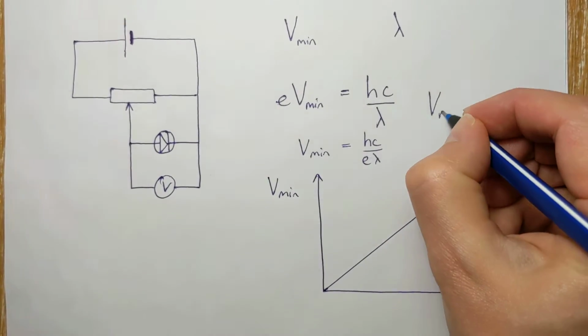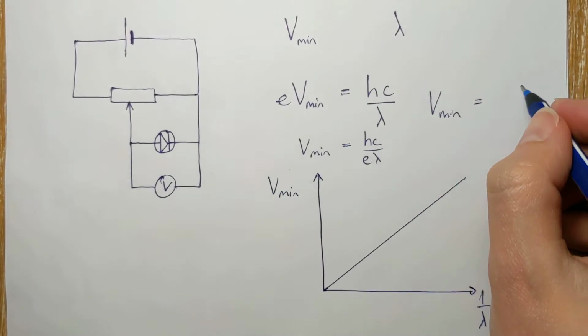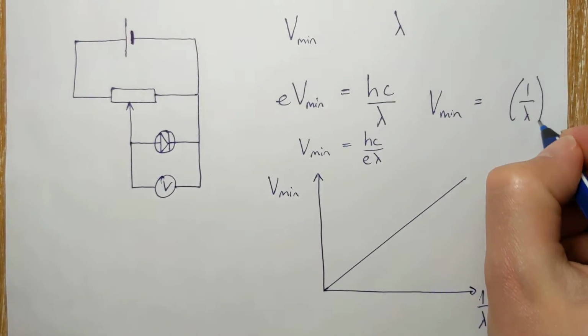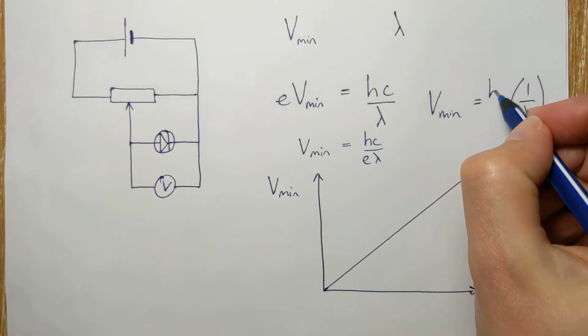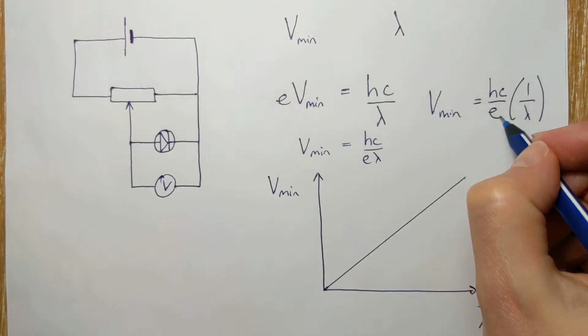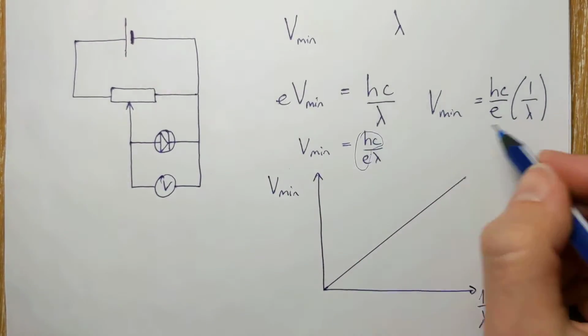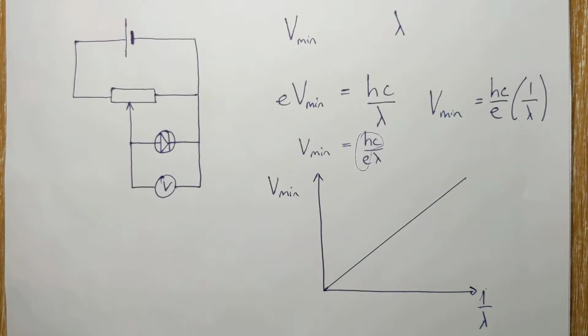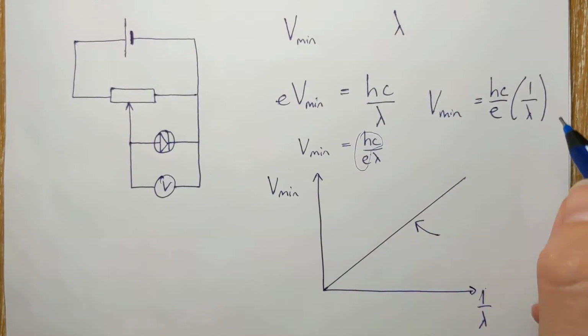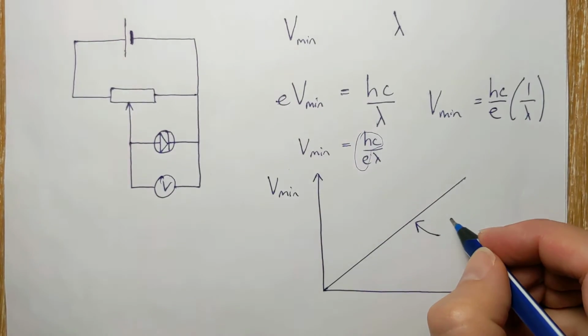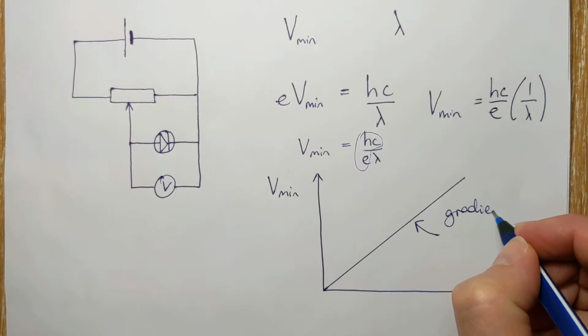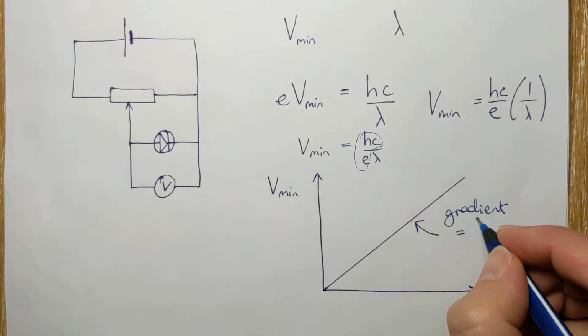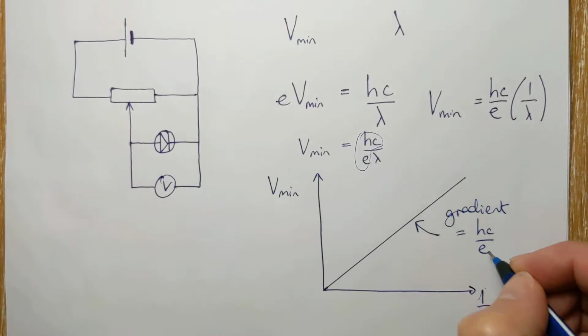And so Vmin is, if I just pull out my 1 over lambda there, hc over e times my 1 over lambda. So the gradient of this line is hc over e.